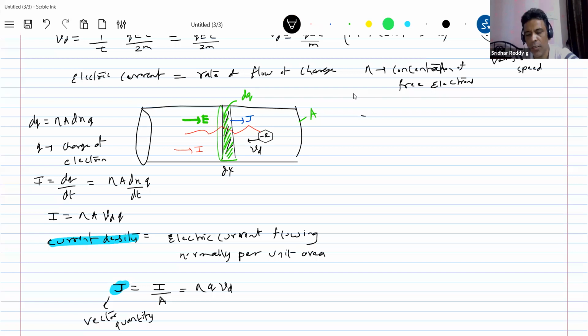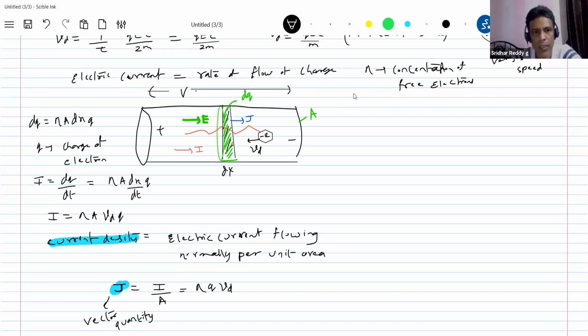So after getting current density, here we'll try to get the relation between the potential difference, the applied field, and all other parameters. So what is E equal to? E is the electric field. We applied a potential difference V, and L is the length of the conductor.